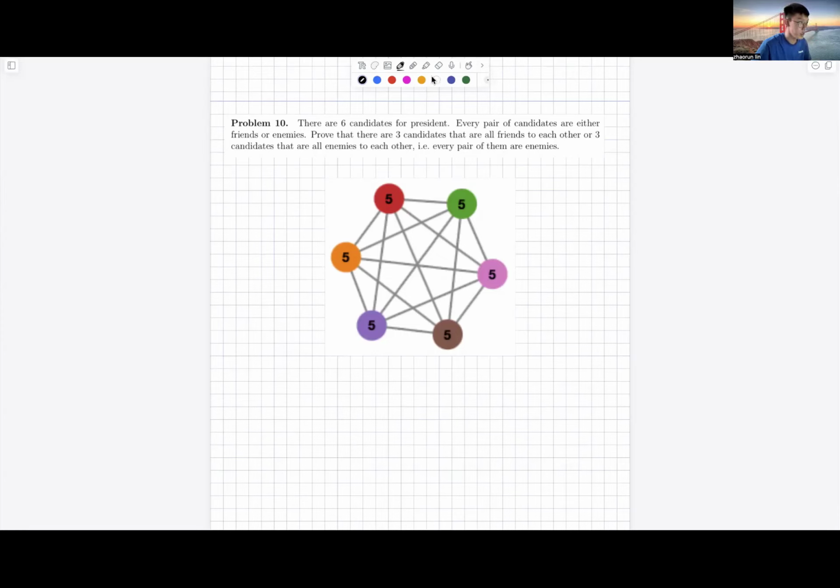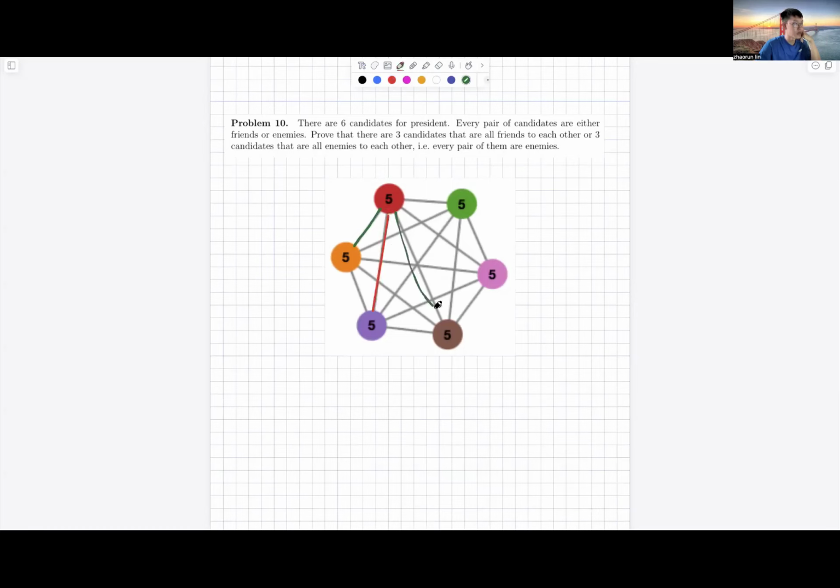And by the pigeonhole principle, we have 5 edges going out, so there have to be 3 edges of the same color. Why is that? Let's assume that we want to keep the count of each color below 3. So I first color this as green, and then I color this as red.